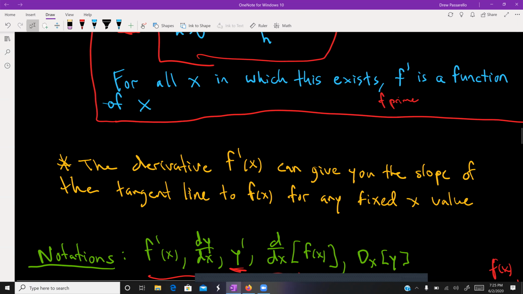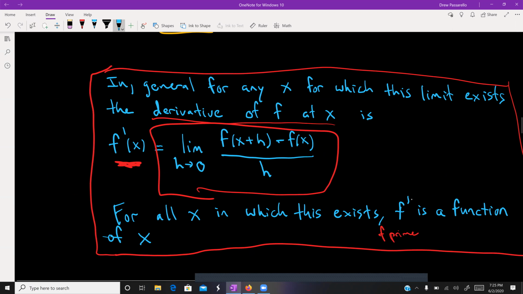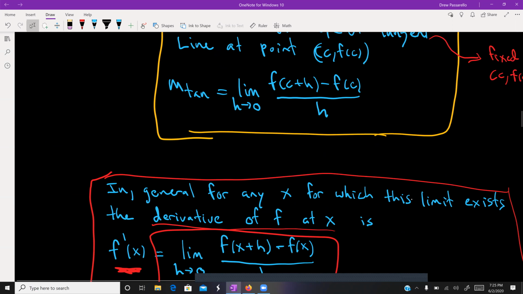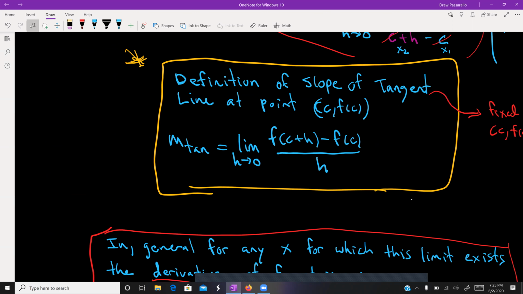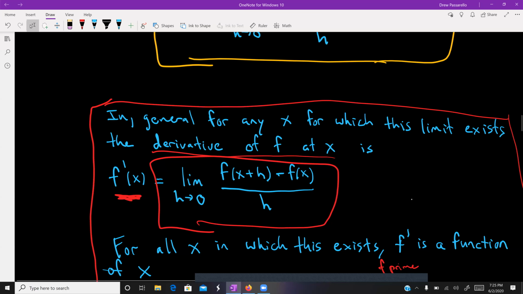So the definition of derivative is this: limit as h goes to 0 of f of x plus h minus f of x, divided by h, and x is going to be any value in general, whereas c is a particular value that we're focusing on. But in this case, we don't have a particular value we're focusing on. We're doing it for any x.